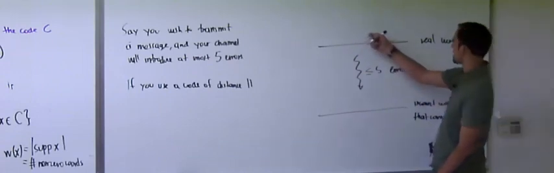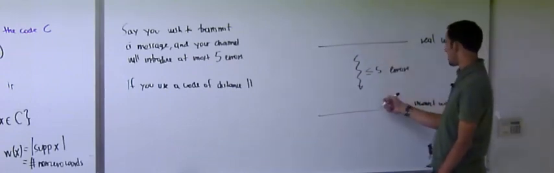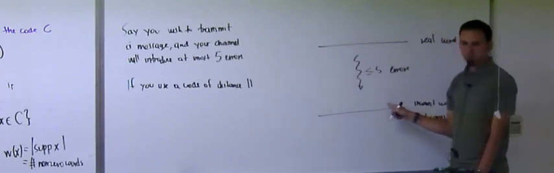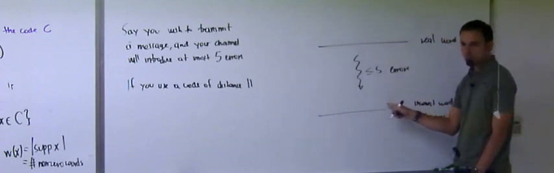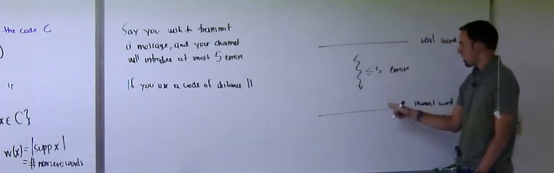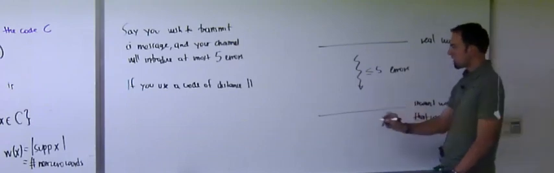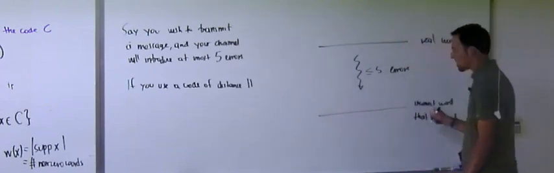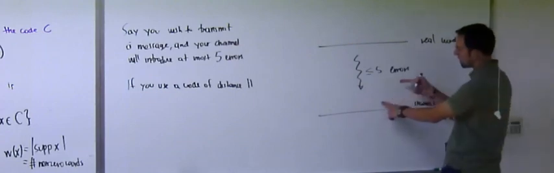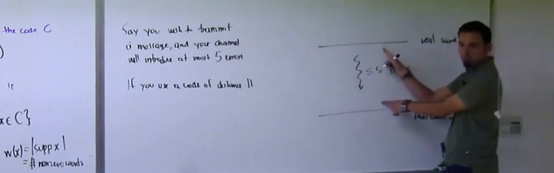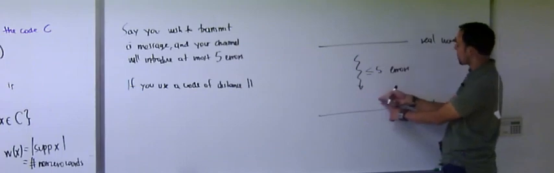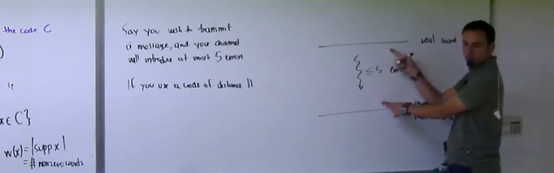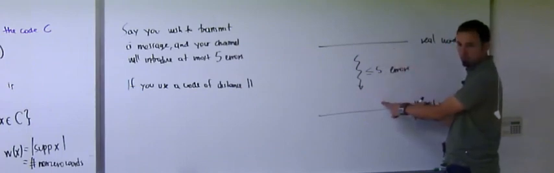But the point is that the difference between the real word and the incorrect word is at most 5 positions. Okay? And what I claim is that if you just look at this incorrect word, there is only one real word that it could have come from, because there is no other real word within 5 errors of this one.